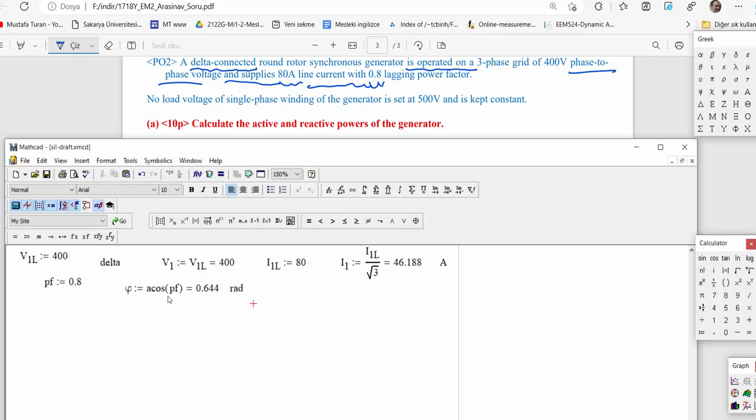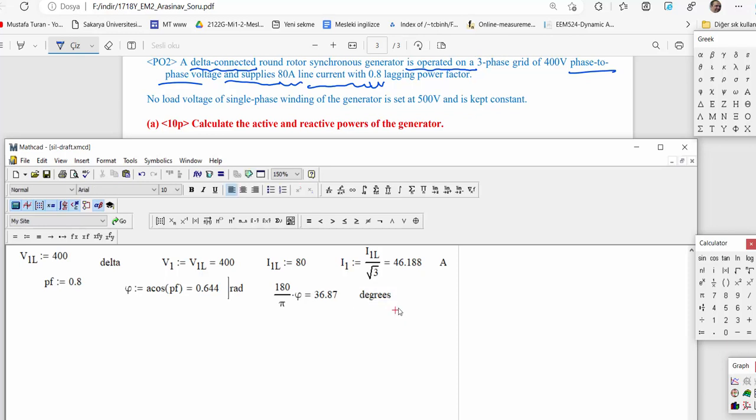That is the angle between voltage and current. And let's interpret it in degrees. Convert it into degrees by multiplying such a coefficient. That is the phase displacement in degrees.